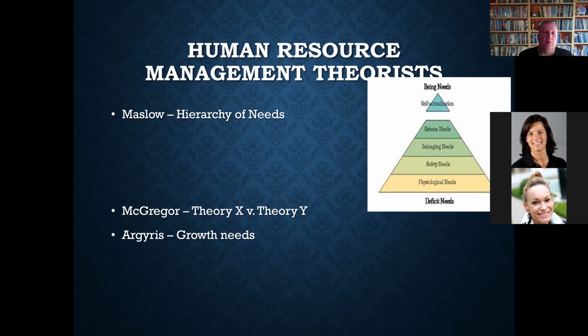So what Argyris says is organizations can do some specific things. One thing organizations can do that he talks about is a process known as job enrichment. And he's got a whole series of things that he recommends for organizations to become more Theory Y and less Theory X in orientation. But one is job enrichment.